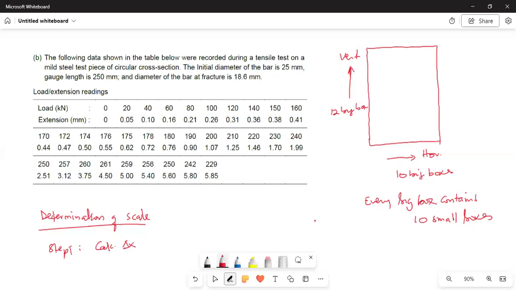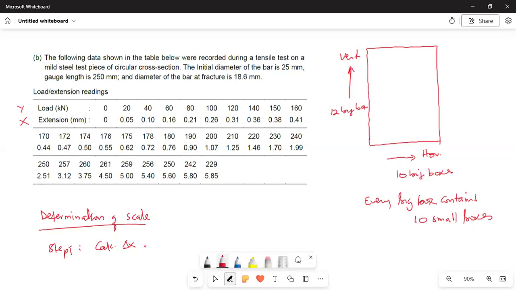We should note that in our case, because the load is plotted on the vertical, the load here is the Y and the extension is the X. So let us take note of that first.